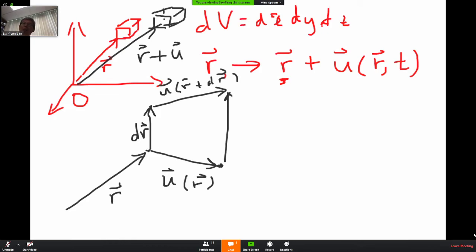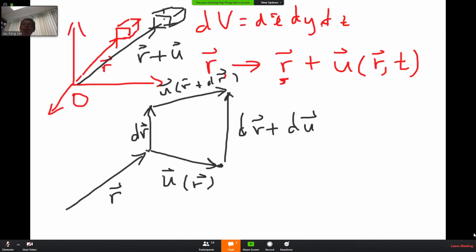Originally, in its equilibrium configuration, these are the two neighboring points, separated by dr. After the distortion, what does it become? If you work it out, you can see that this is just dr plus du.